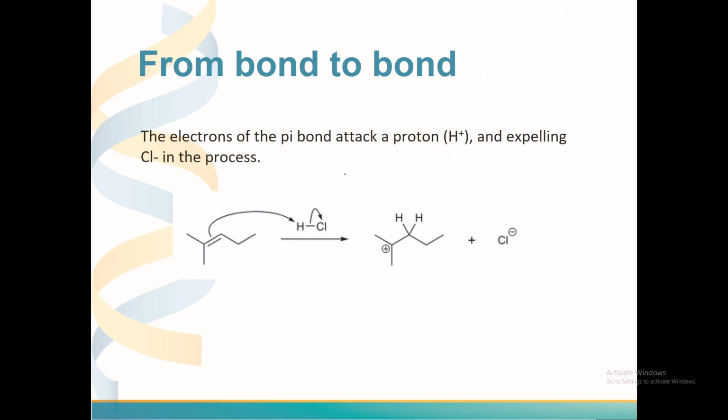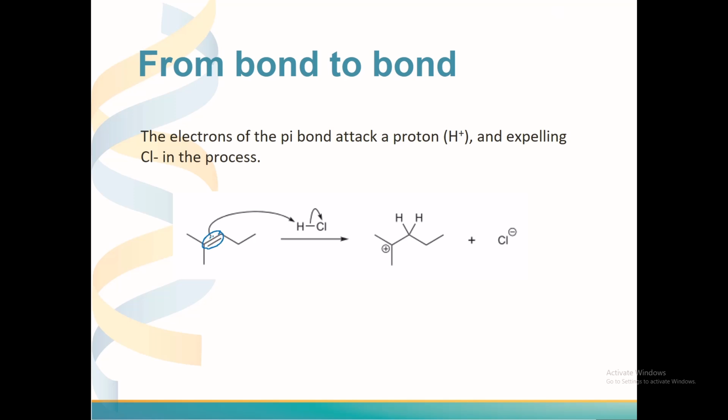From bond to bond. The electrons of the pi bond could attack a proton, or H+, expelling chlorine in the process, in the reaction happening here in the example. So here we have a double bond, which has one pair of electrons.